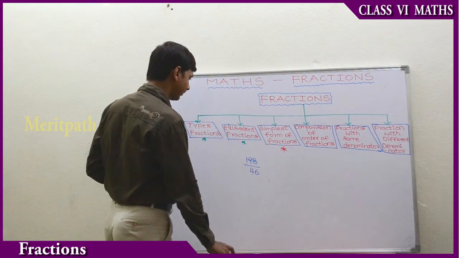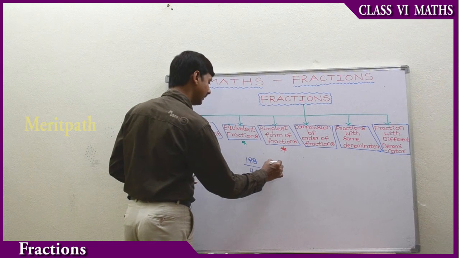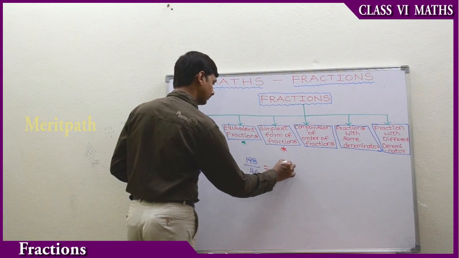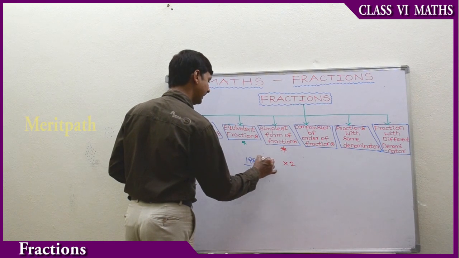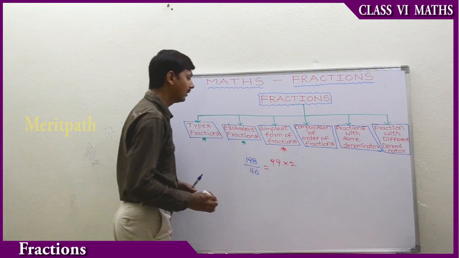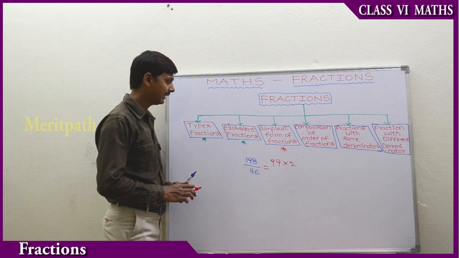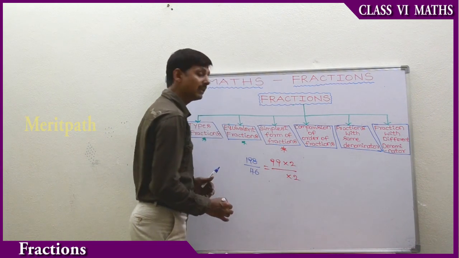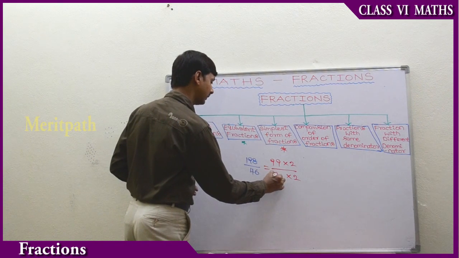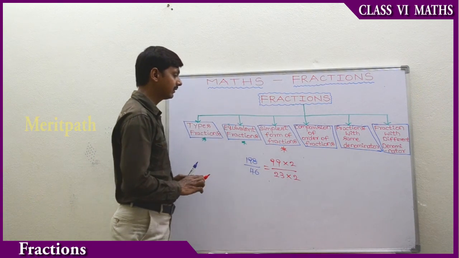So if we take this 2 as a common factor, we'll be getting 99 into 2, because 9 2s are 18. For the denominator, we take 2 as a factor of it. So 2 23s are 46.